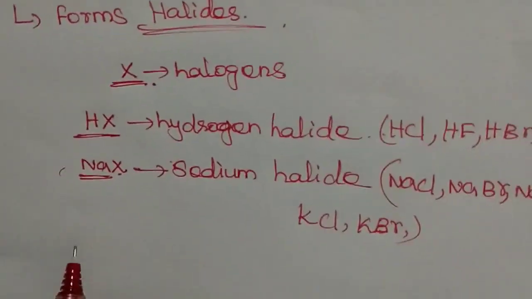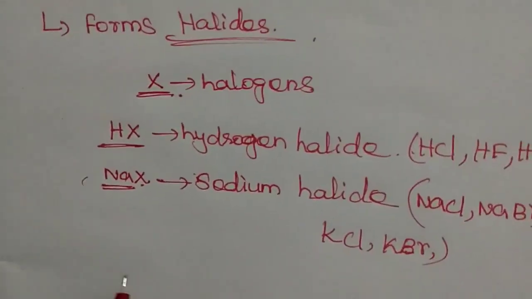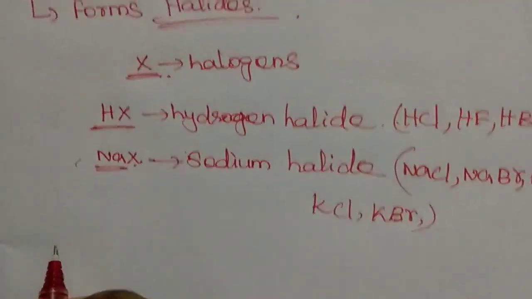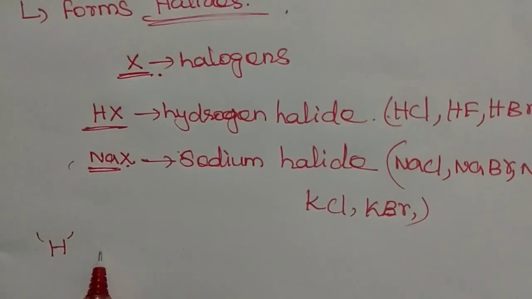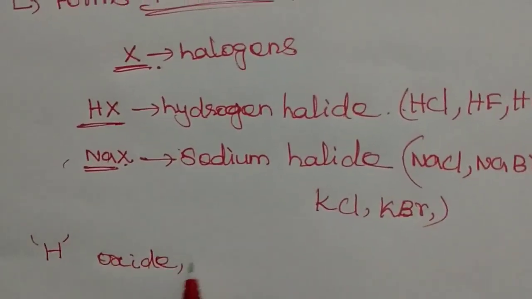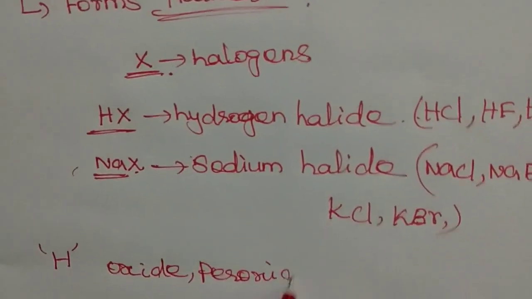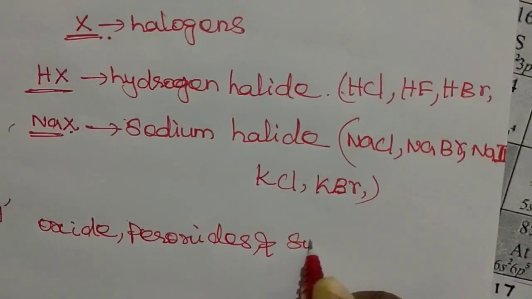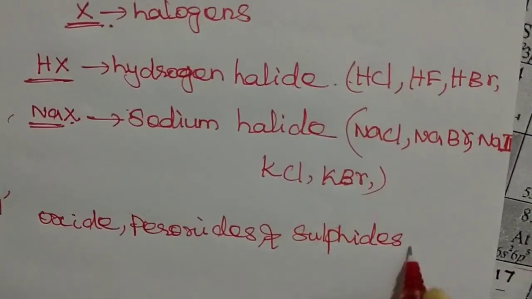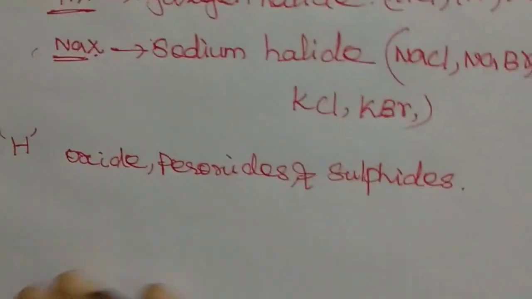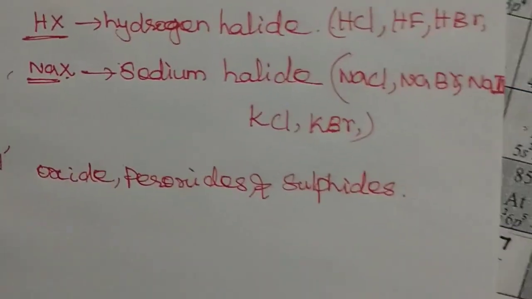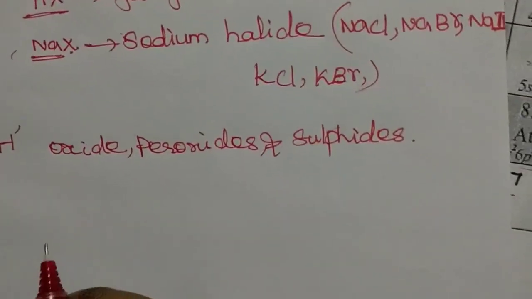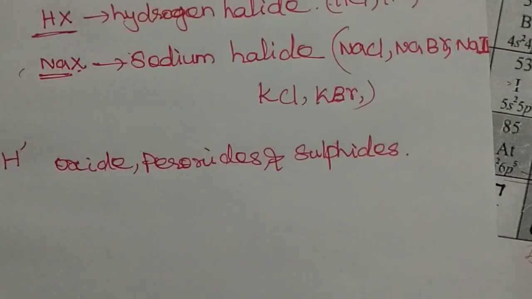So they form halides, and they can also form oxides, peroxides with oxygen, and sulfides. Alkali metals form oxides, peroxides and sulfides, and like the alkali metals, hydrogen also forms oxide, peroxide and sulfide.